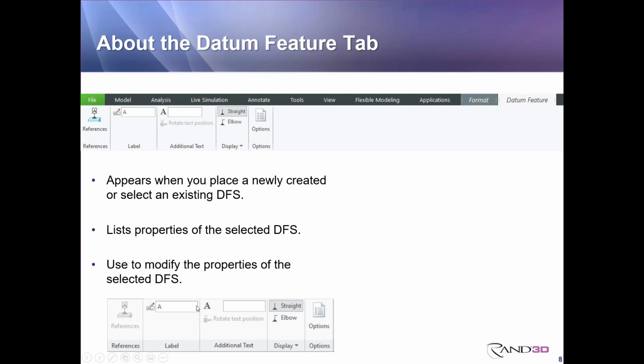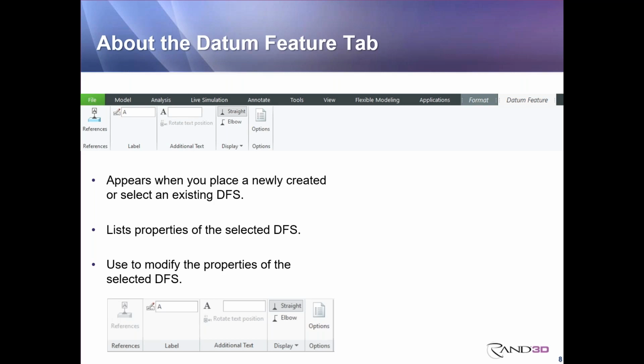If you look below, I took this image, enlarged it so we can see it a little bit better, from editing a datum feature symbol in the drawing. And you can see that the references area is not available. The reference command is not accessible in the drawing mode. So if you would like to access that area or any commands in the group, you can go back into the model environment.